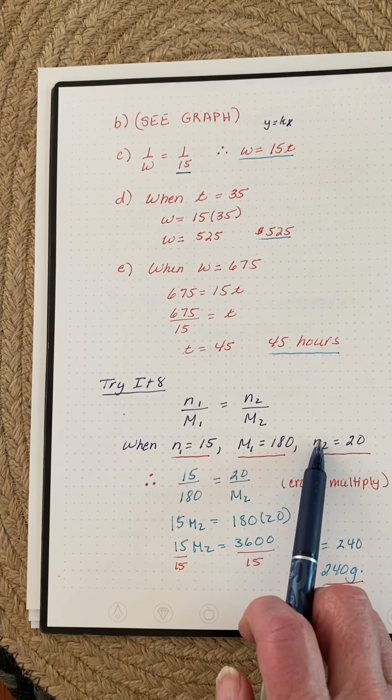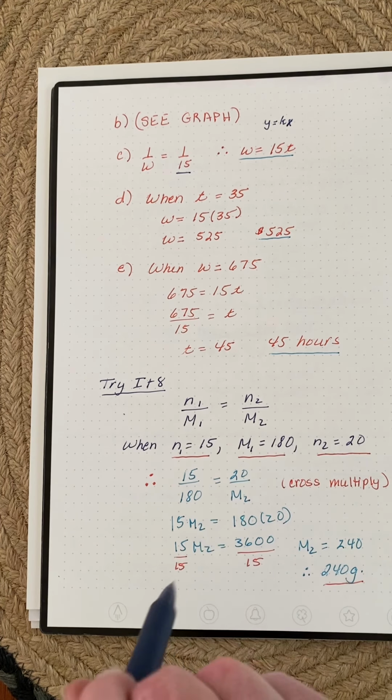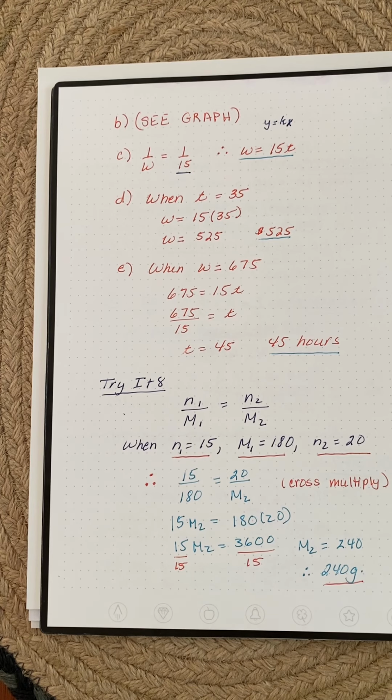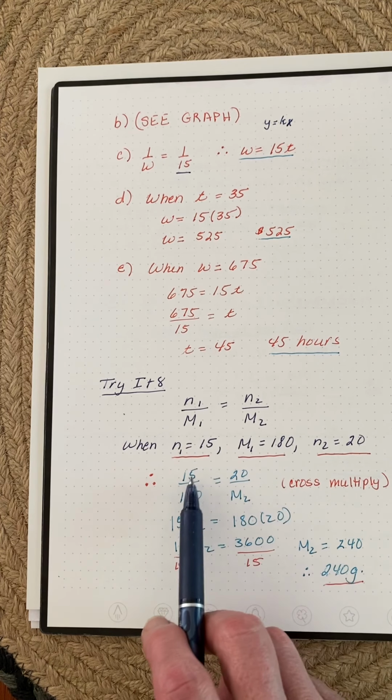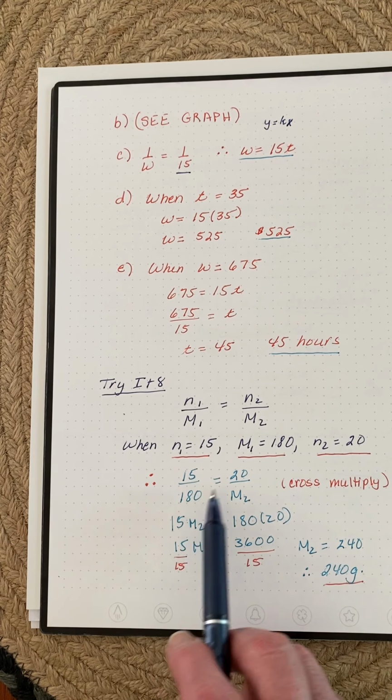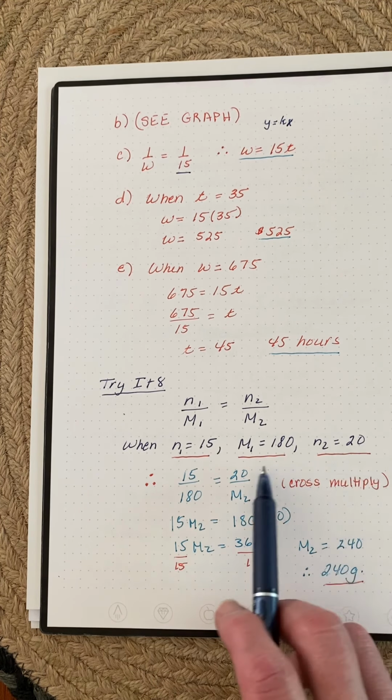Then they give me just the number of pieces of chocolate for the second one that they want us to find, which is 20. So I set up what I know. The first scenario, 15 over 180, is going to be the same as 20 over the second M2.